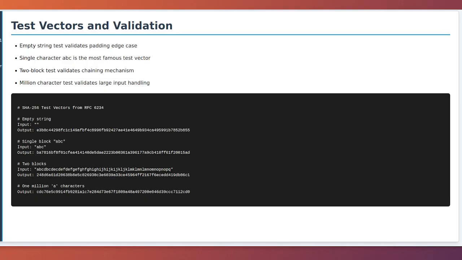Many cryptographic libraries include these test vectors in their unit test suites. If you are auditing or reviewing SHA-2 code, checking that it passes all RFC test vectors is a fundamental verification step. NIST also provides additional test vectors for various message lengths and patterns, including test vectors specifically designed to exercise edge cases and potential implementation pitfalls.